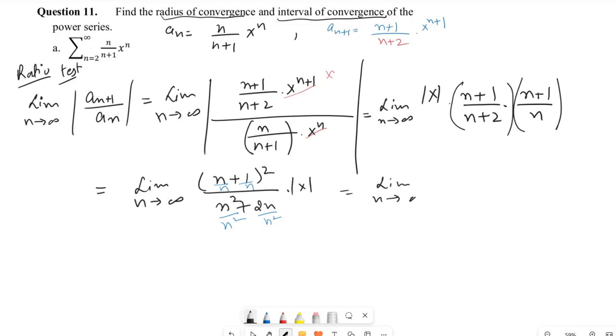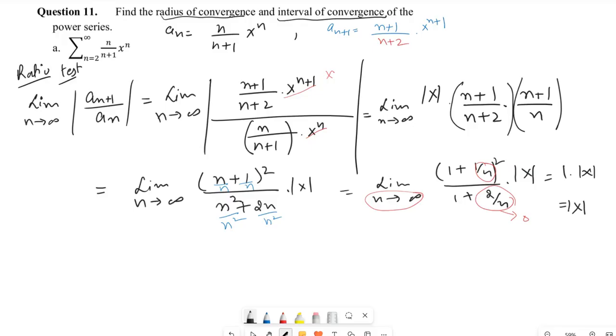Limit as n approaches infinity of (1 plus 1 by n) whole squared by (1 plus 2 by n) times the absolute value of x. When n approaches infinity, 2 by n approaches 0 and 1 by n also approaches 0. So what do we have left? 1 times 1 times the absolute value of x, just the absolute value of x.